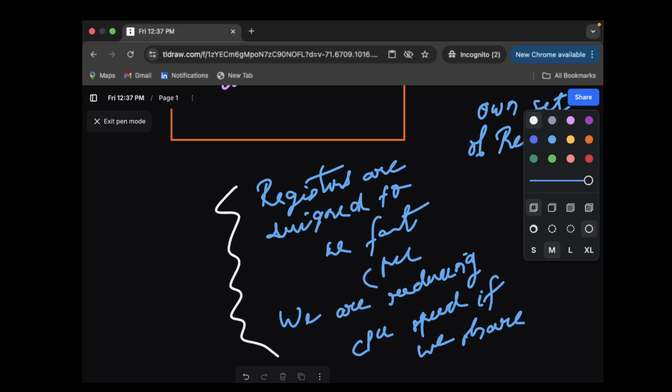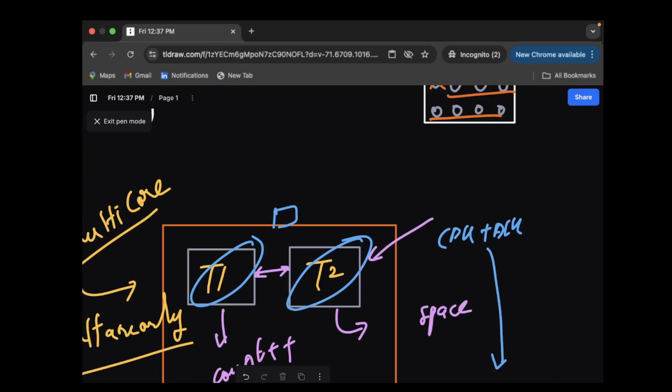They shouldn't wait for anything. So that is the reason. If you have a shared location, then the speed is going to reduce. But the CPU needs very fast access. So we are ultimately reducing this CPU speed, which is a very bad option, right? Hence each ALU or each CPU core gets its own set of registers.